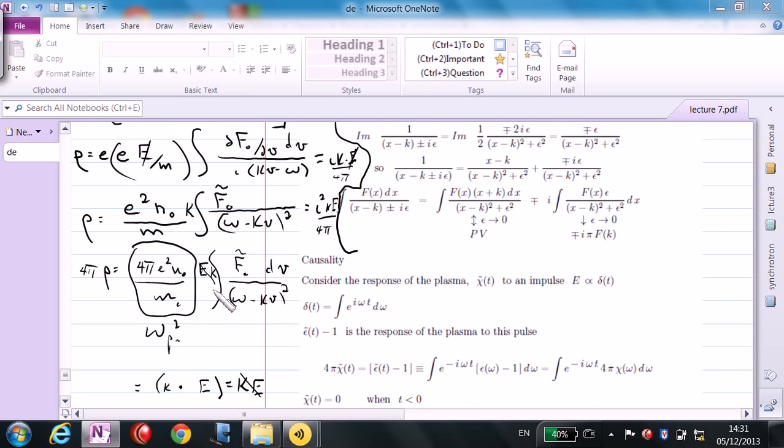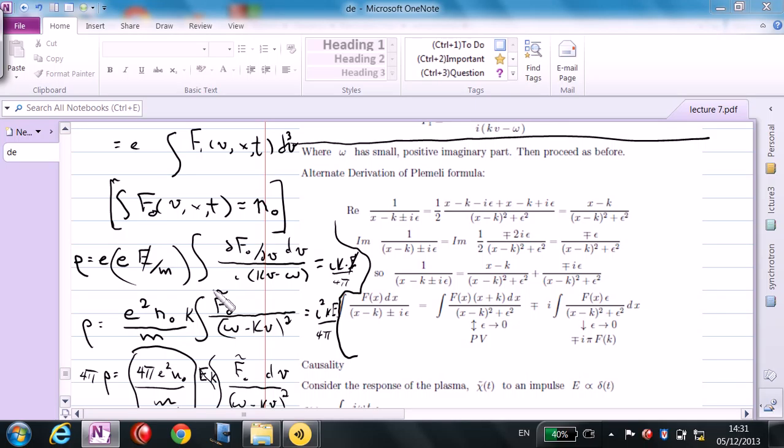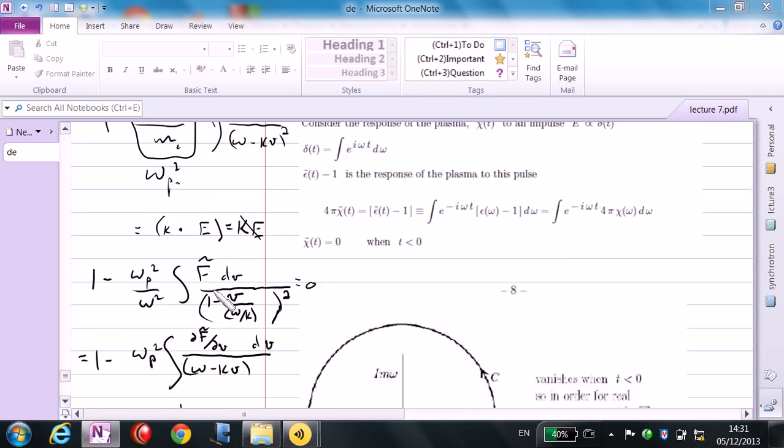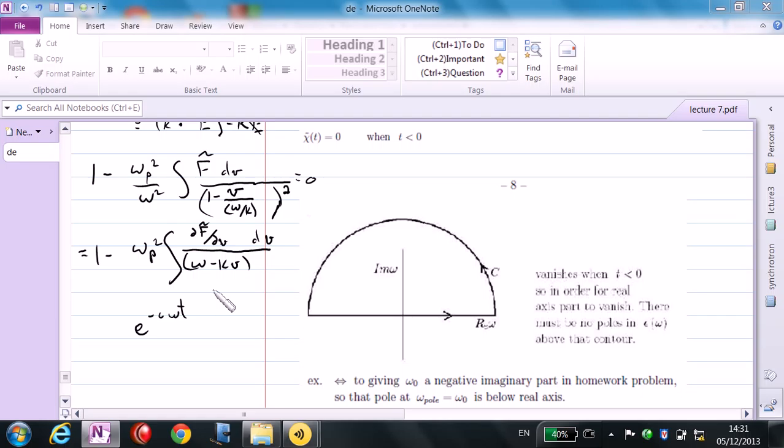We used it all over the place. Yeah, but in the integral, you don't have it in the integral, right? No, I'm not talking about the integral. I'm saying when we derived the expression for epsilon, we had this omega. Where did it come from? It came from this assumption.